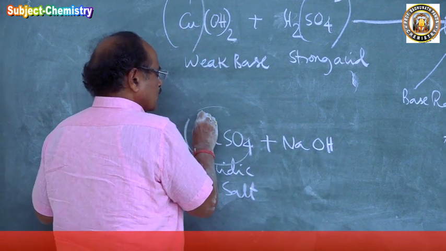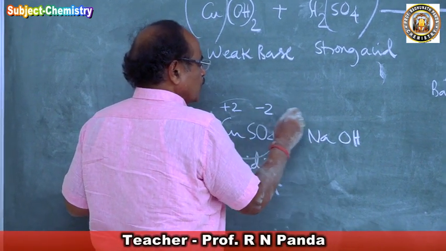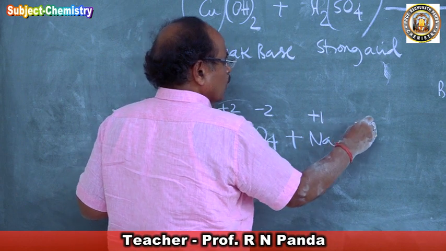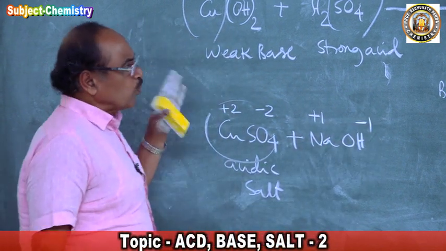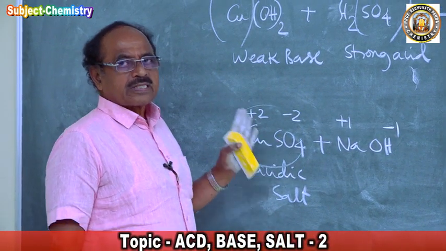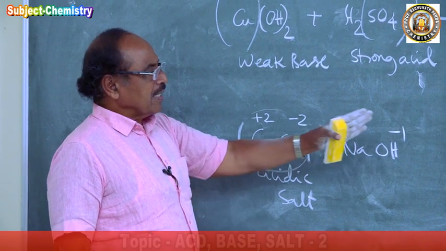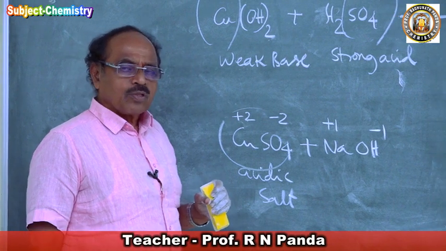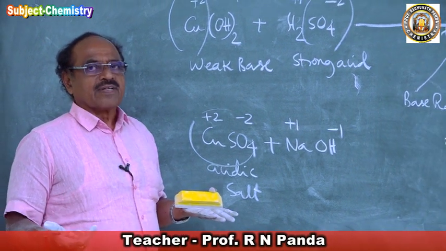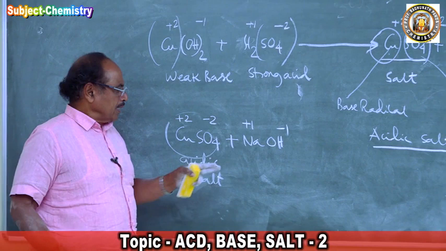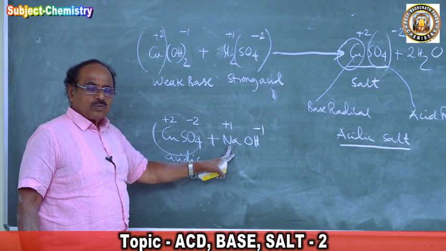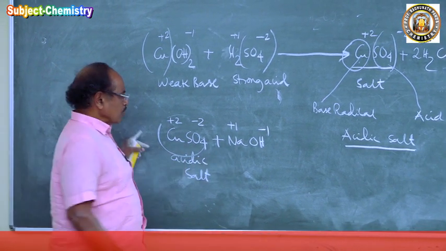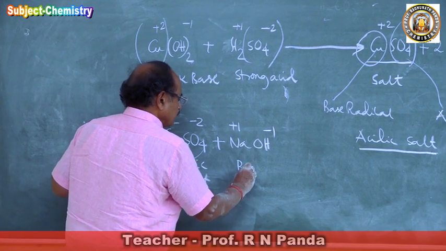So copper is +2, sulfate is -2, sodium is +1, OH is -1. We want to prove copper sulfate is an acidic salt. To prove it, copper sulfate has to react with sodium hydroxide. What is sodium hydroxide? A base.